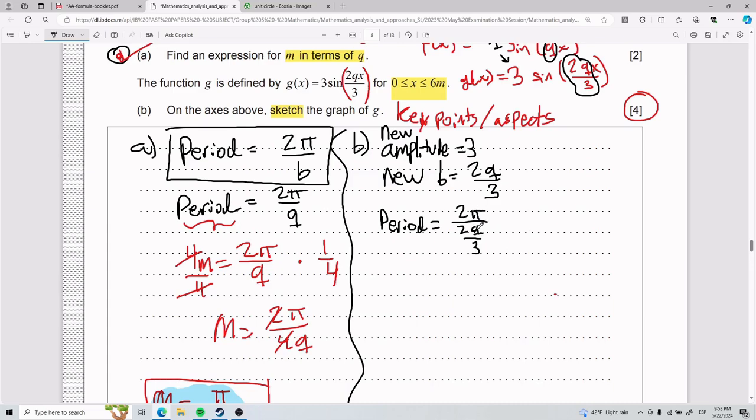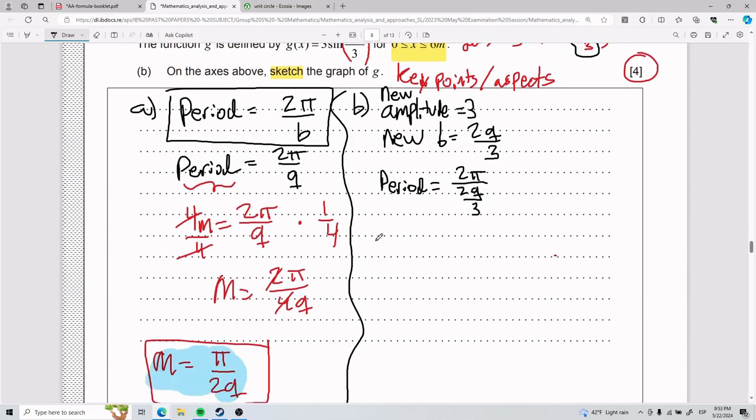And from here, you're working with fractions in a very nasty way. What I suggest that you do is that this numerator, you can put it as 2 pi divided by 1, and on the bottom, you leave it as 2q divided by 3. All right?